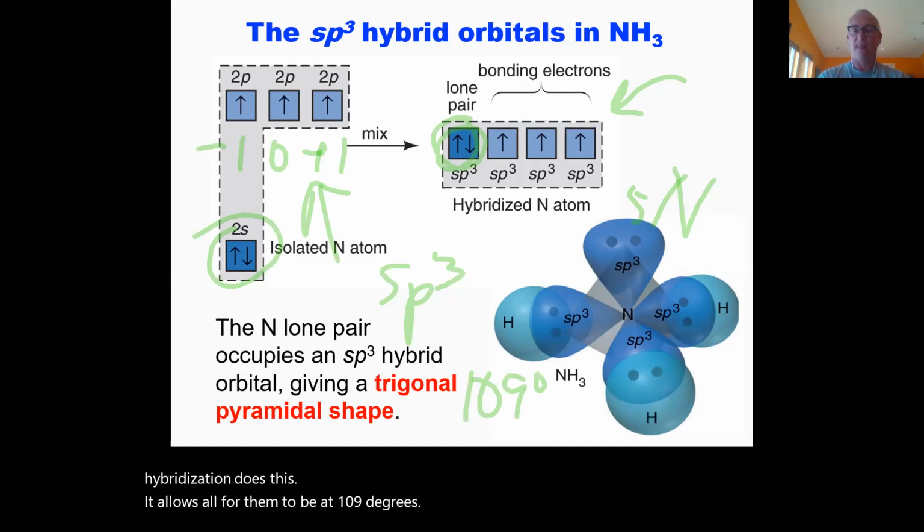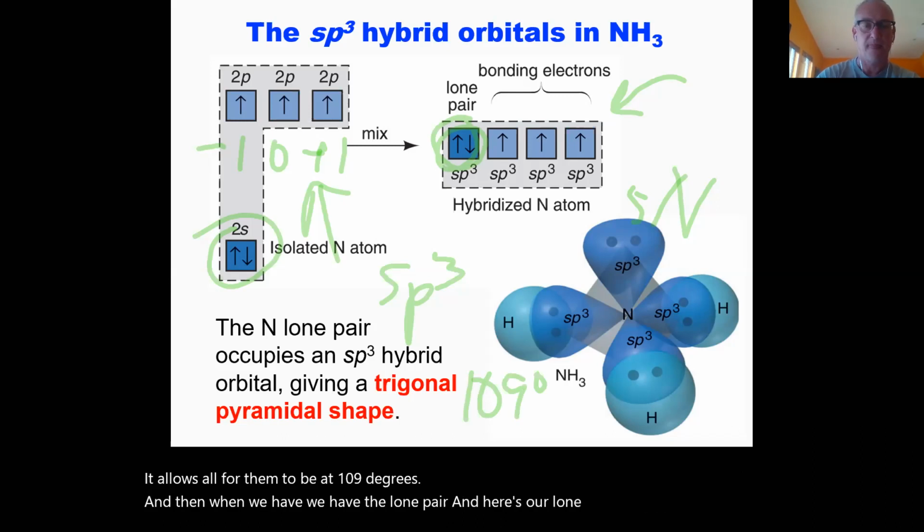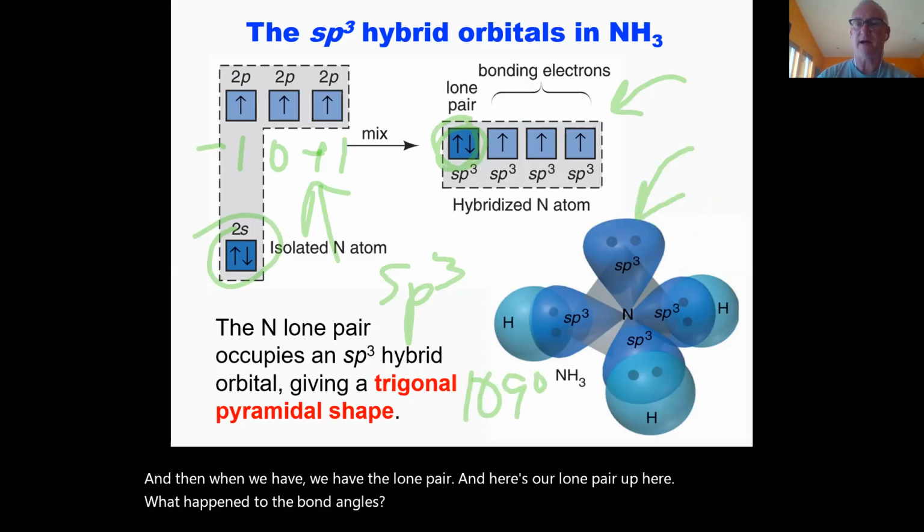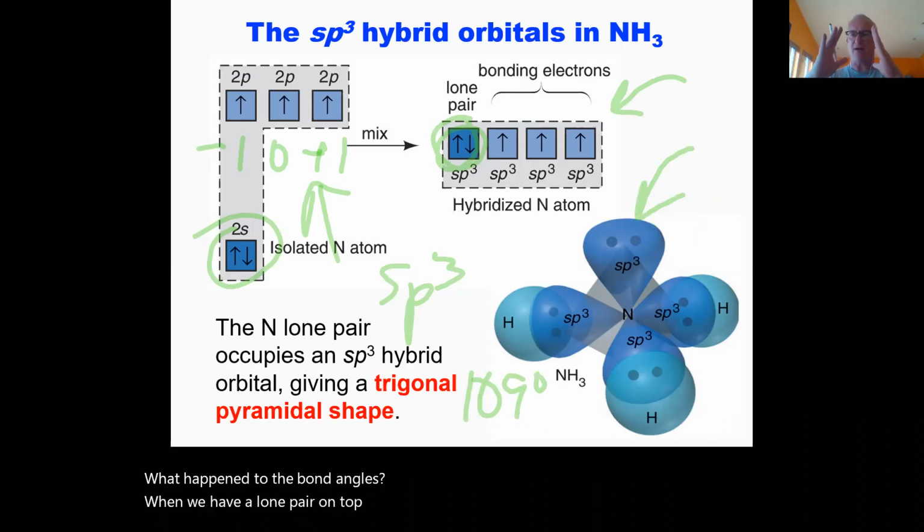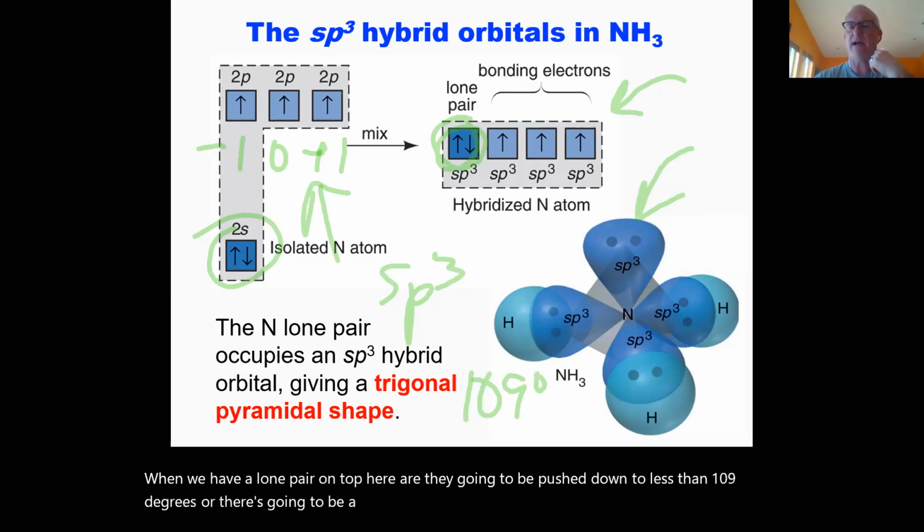And then when we have the lone pair, and here's our lone pair up here, what happens to the bond angles when we have a lone pair on top here? Are they going to be pushed down to less than 109 degrees, or are they going to be a little higher, above 109 degrees? What happens when we have a lone pair?